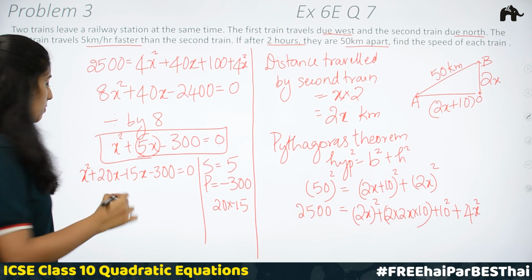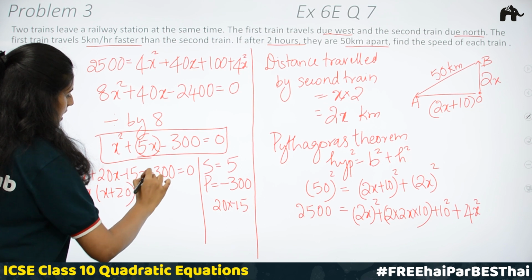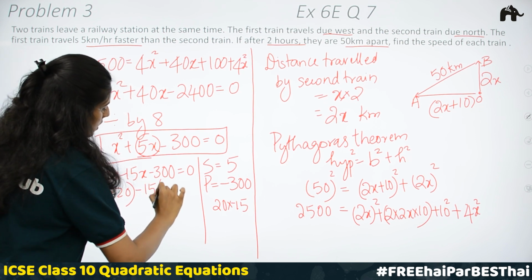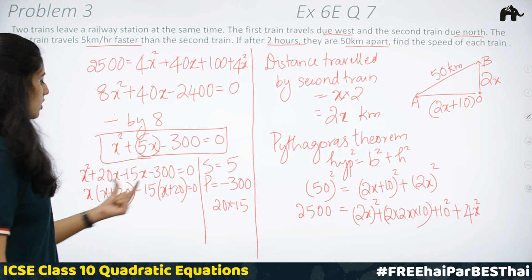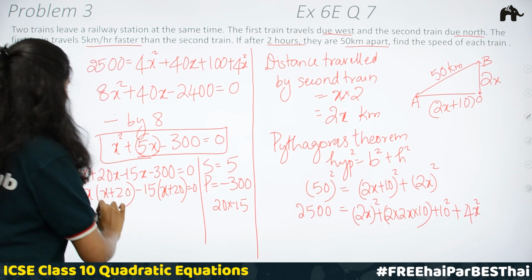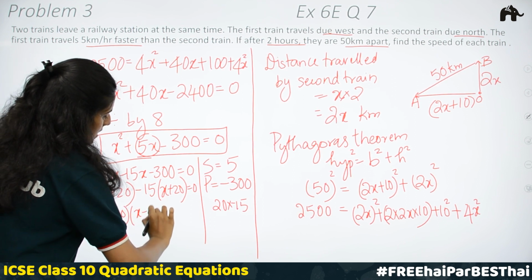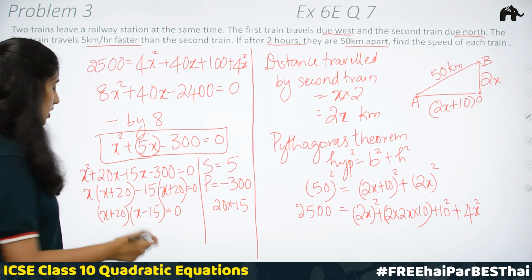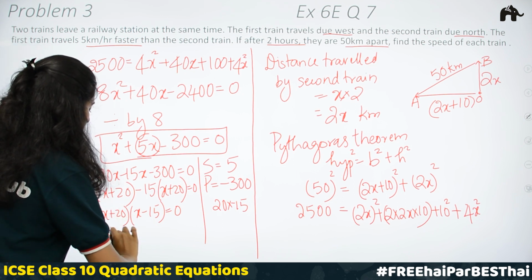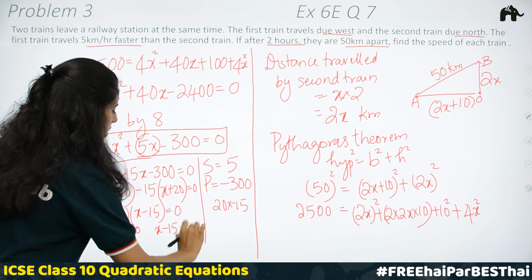Now taking common, x into x plus 20 minus 15 into x plus 20 is equal to 0. Taking common, x plus 20 is common here. x plus 20 into x minus 15 is equal to 0. Now applying the zero product rule, either x plus 20 is equal to 0 or x minus 15 is equal to 0.